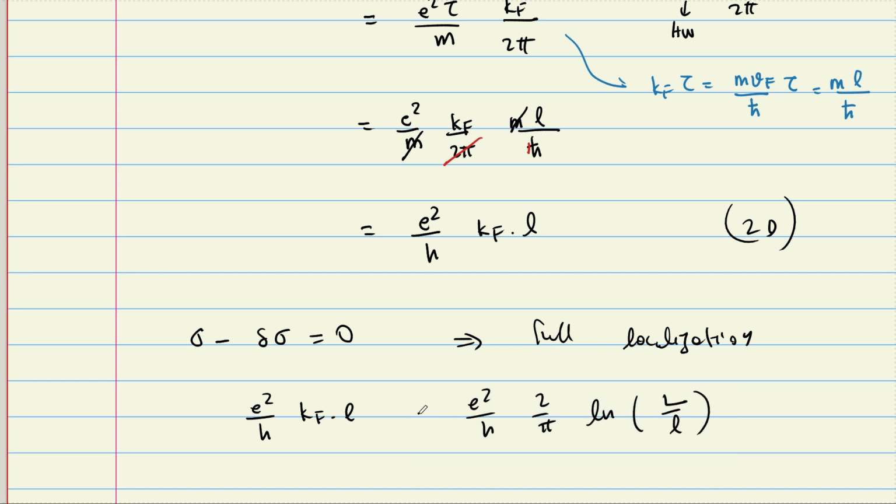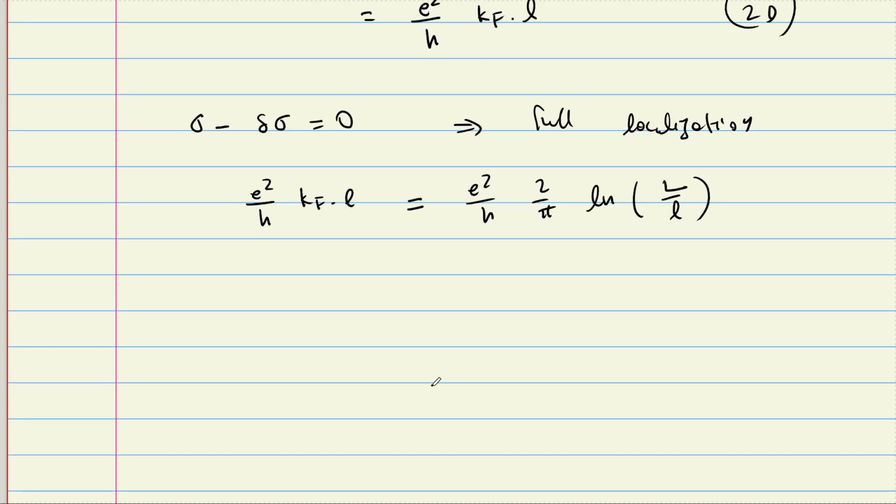So these are equal, and that means L over L. So this quantity, okay, cancel this, is going to be e to the pi over 2 k Fermi times L.